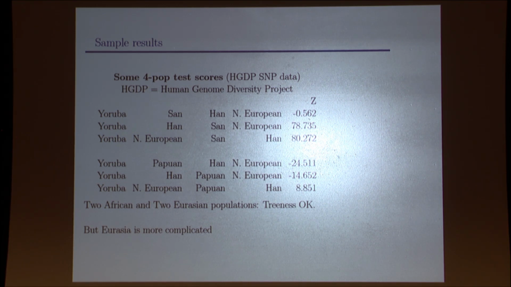Okay, that's right. So now let's replace our Bushman population with individuals from the highlands of Papua New Guinea. And you run the same stuff, and all three trees fail miserably. Right. And this happens actually more often than not.